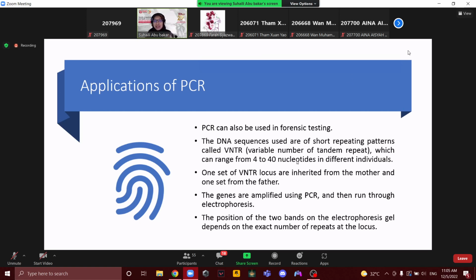Okay, this repeated pattern ni we use this because different individual, different length. So one set of the variable number tandem repeat locus are inherited from the mother and one set from the father. Sama juga. Probably just now, okay, from father 2 repeated only, from mother 5 repeated. So you can see the different length.